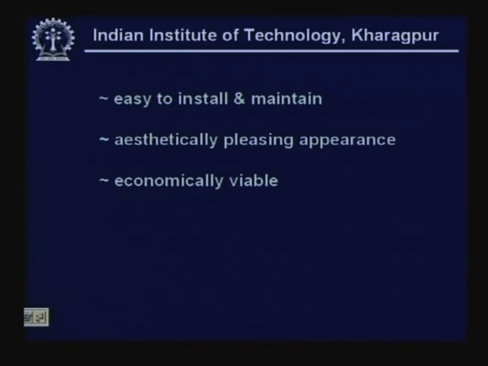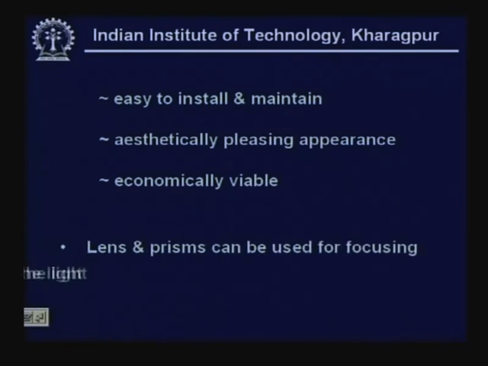They should be easy to install and maintain. Maintenance is one important aspect that takes away a lot of our time and money. Then, in order to focus or get the required kind of radiation in a direction, lenses and prisms are often used.